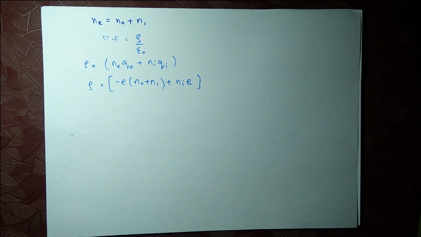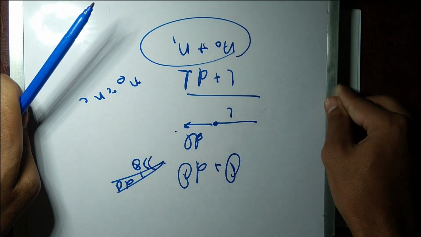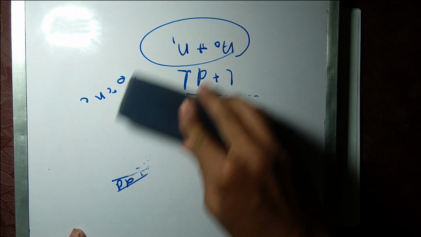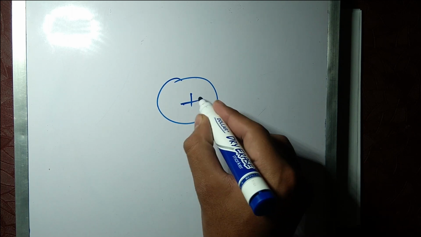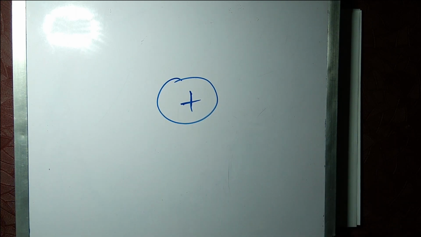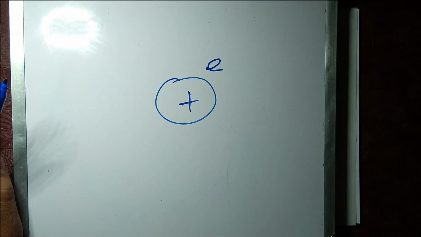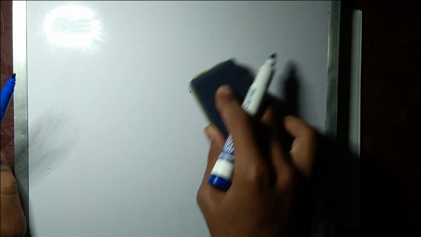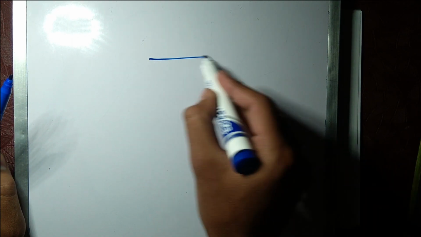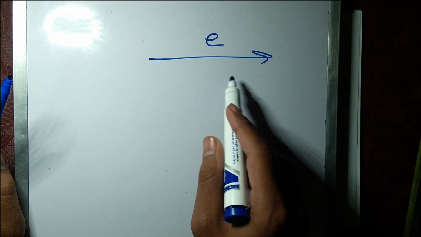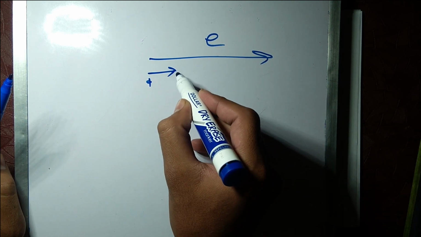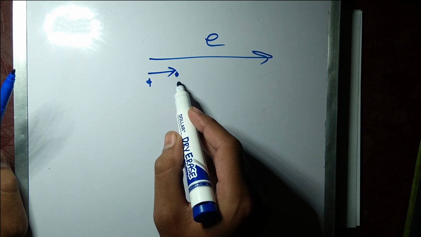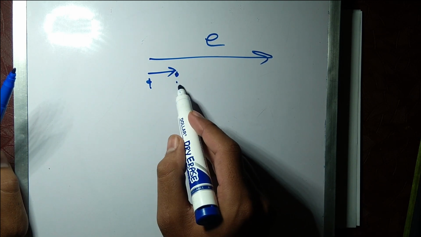Because an ion is larger in size than an electron. So the electron will move from here to here, while in that time the positive ion will cover a distance only from this point to this point.